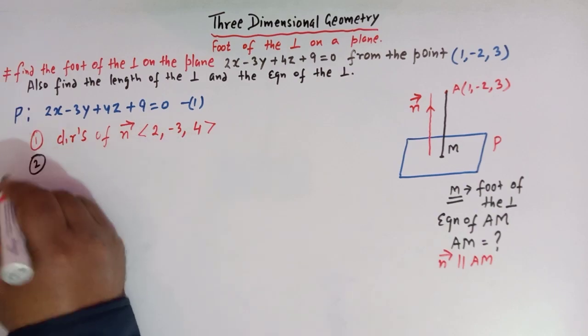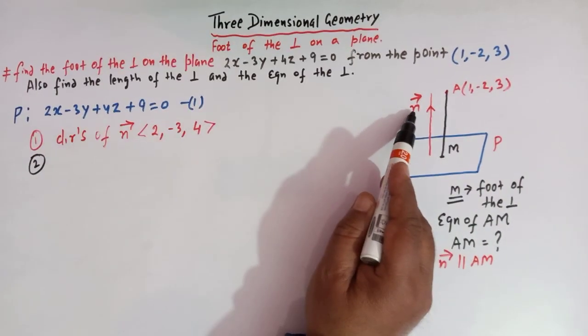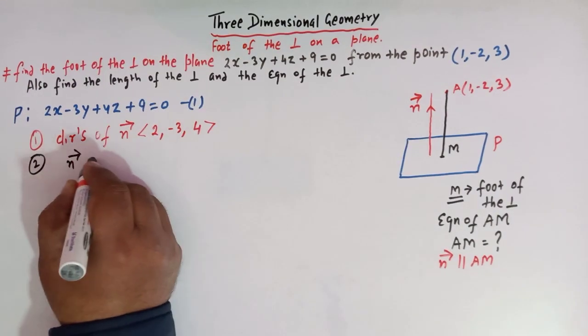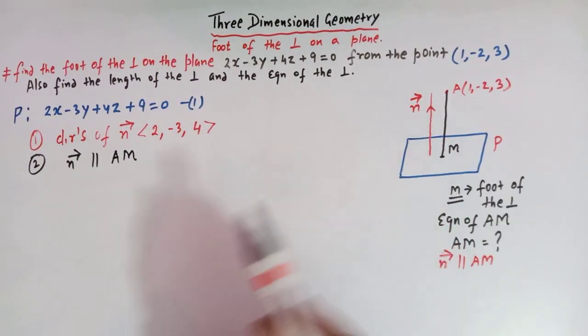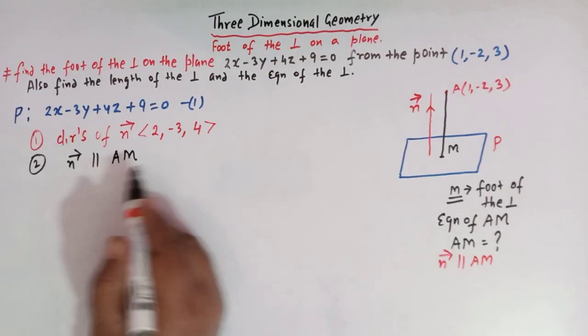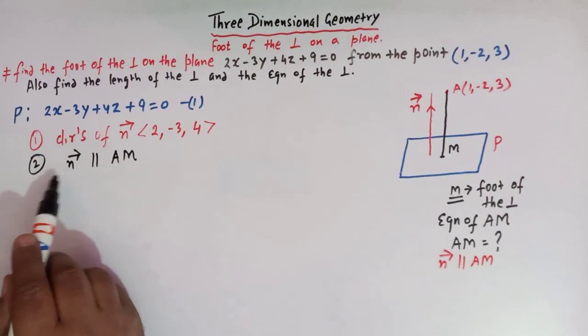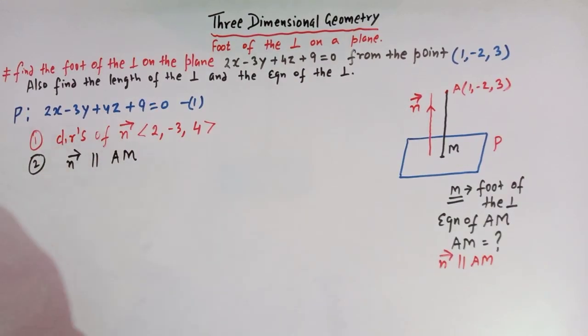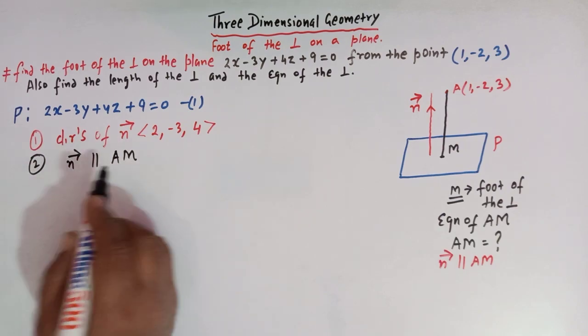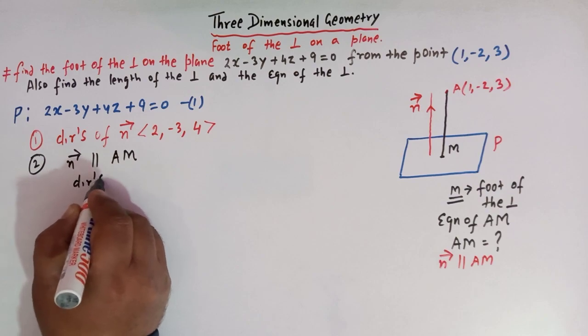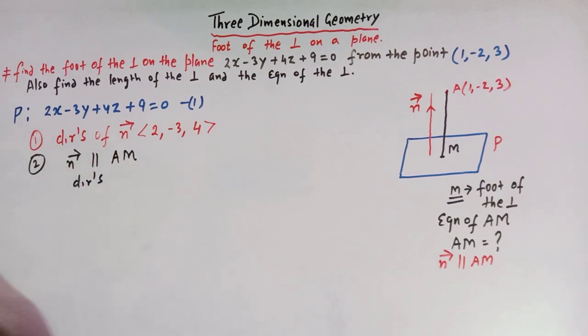Okay, so the next concept is, since this normal vector is parallel to this perpendicular AM, and AM is a line, from the concept of straight lines we know that if two vectors are parallel, then their direction ratios are either equal or proportional.